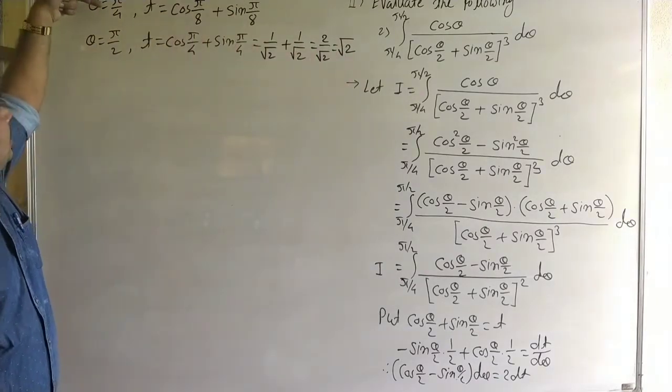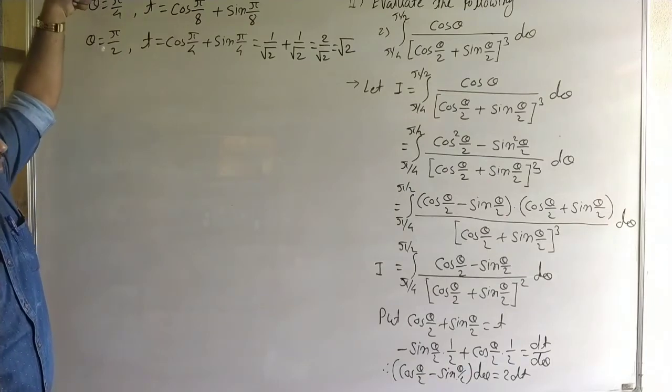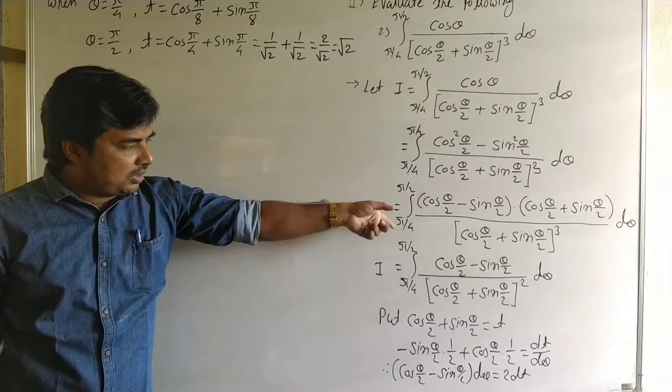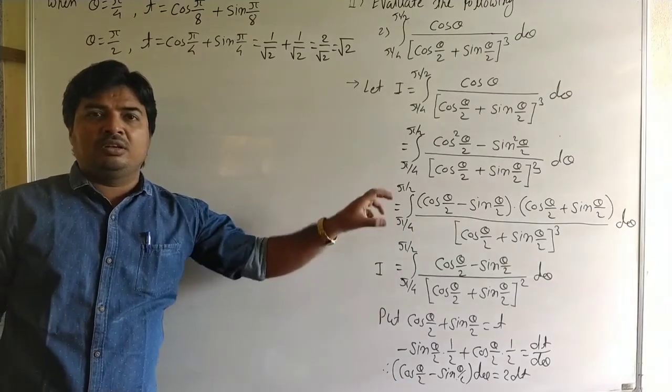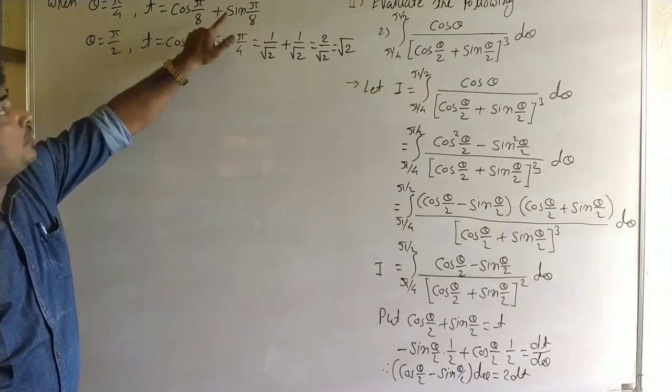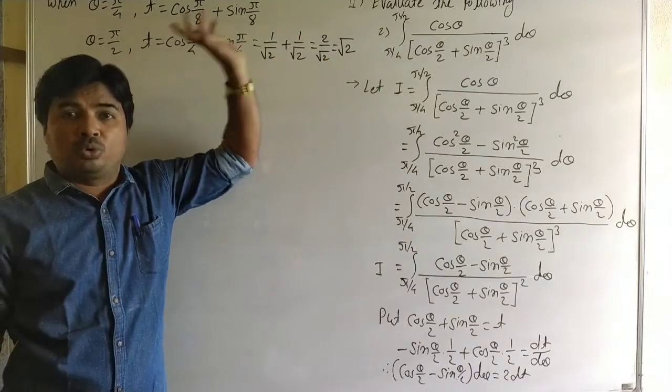That means t is equal to root 2. Now the limit when the function in terms of theta, it is pi by 4 to pi by 2, but when we take the integral with respect to t, then our limit is cos pi by 8 plus sin pi by 8 to root 2.